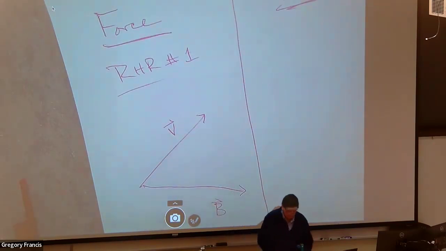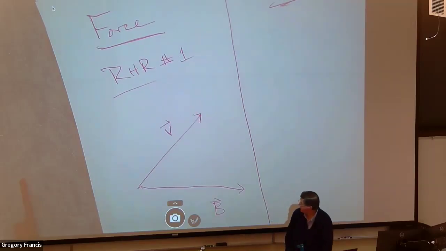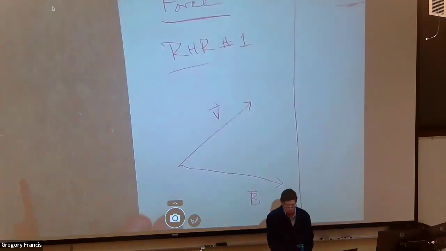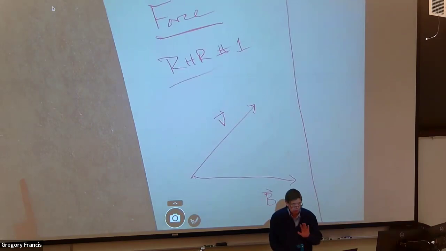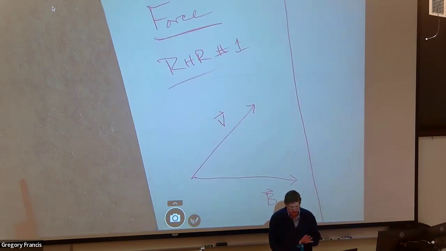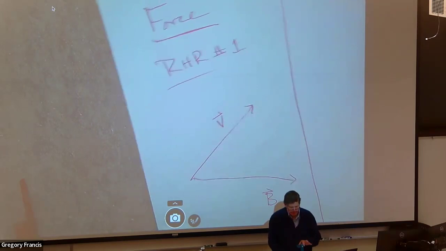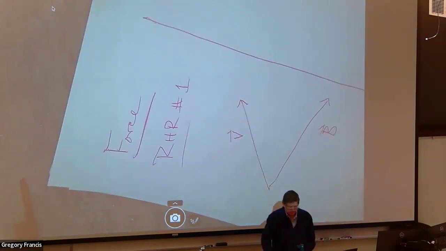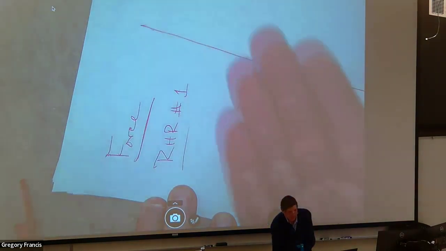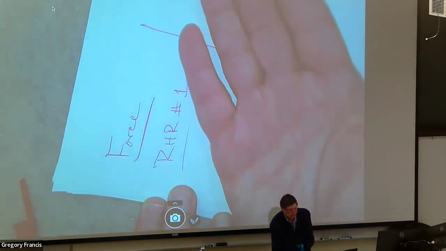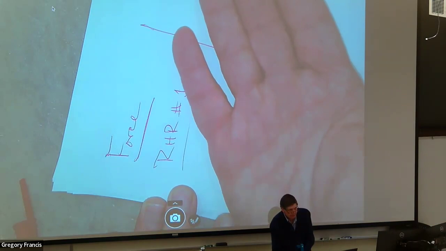Okay. And so in this case, here's just a suggestion. You're going to have a much more positive experience with right hand rule number 1 if you turn your page so that you're reaching away from your body and keep your hand close to your page where you've drawn your vectors.